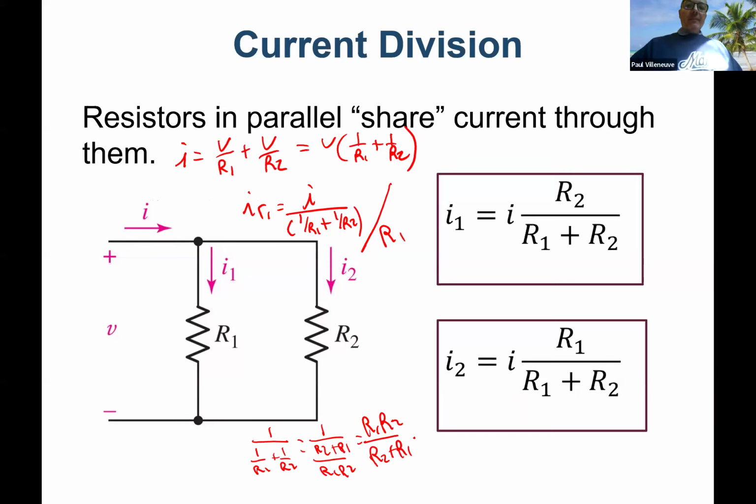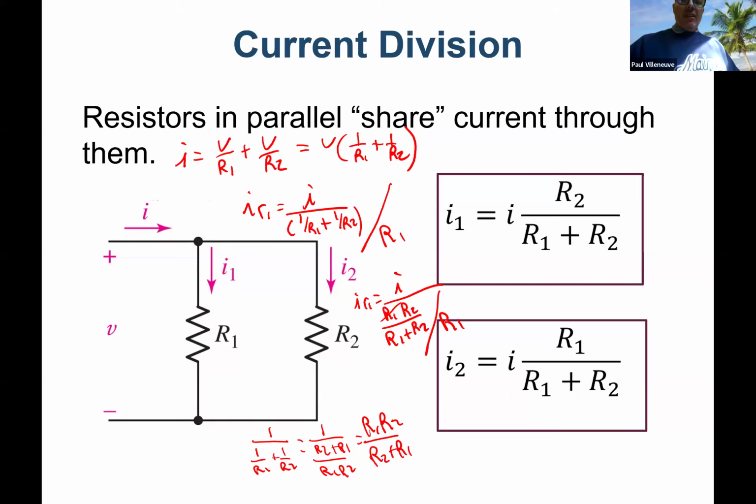Now, I'm going to substitute that into here, and I have I R1 is equal to I divided by R1 R2 over R1 plus R2, and that whole thing is divided by R1.